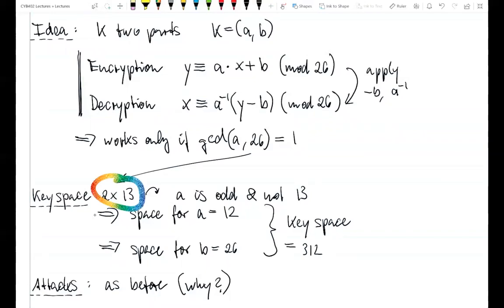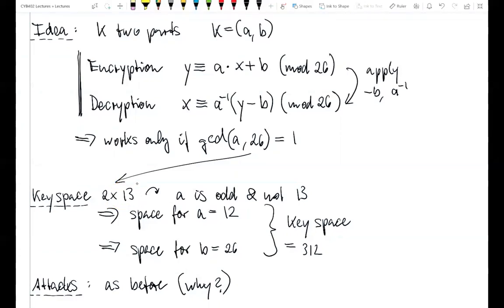Otherwise, it would not be relatively prime to 26. So A cannot be even, and it cannot be 13 either.